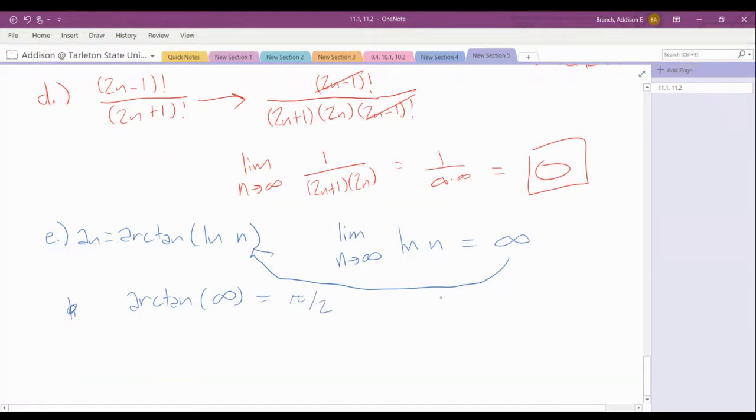Once again, this comes from that theorem, let me pull it back up: the limit as n approaches infinity of f of a sub n is equal to f of L, if we know that the limit as n approaches infinity of a sub n is equal to L. So essentially we solve the inner limit and then just plug it back in.